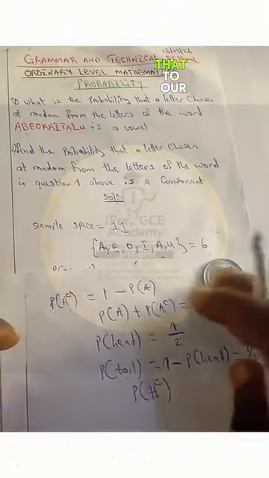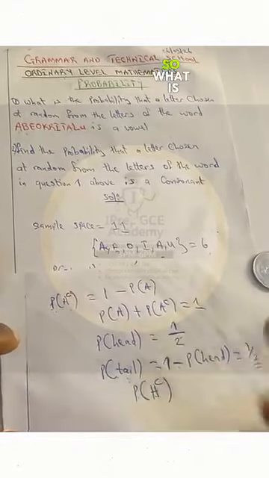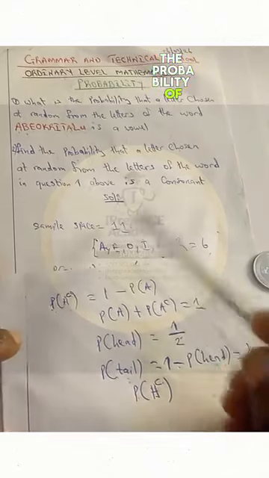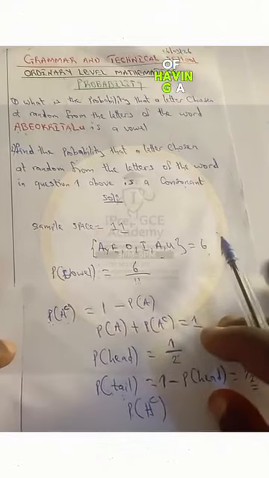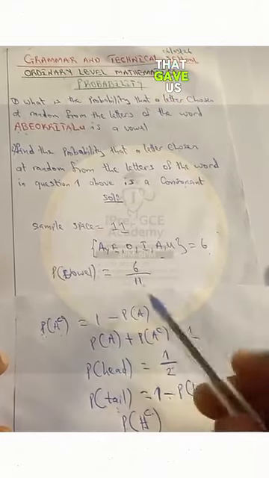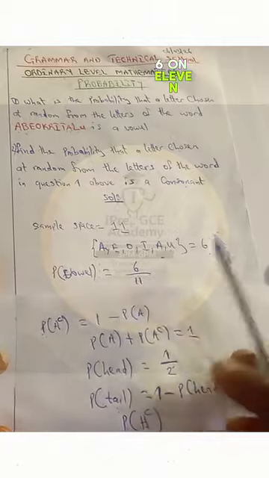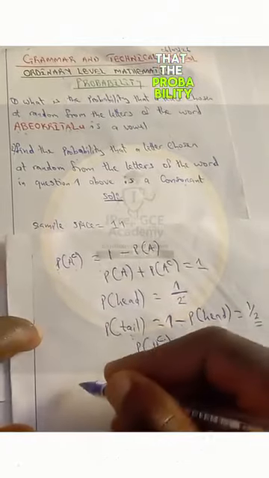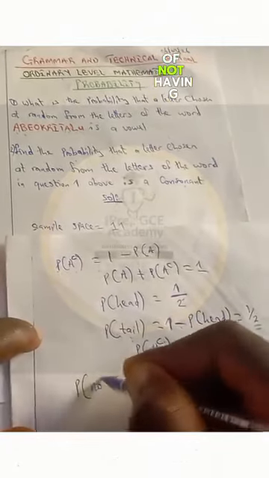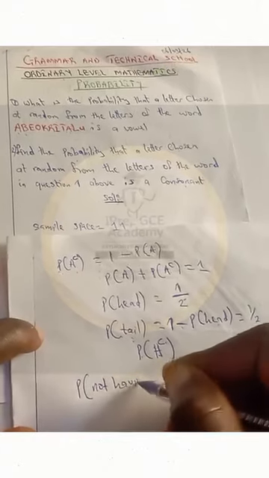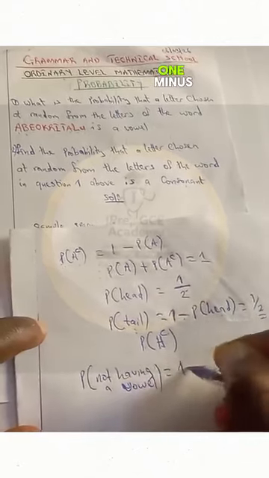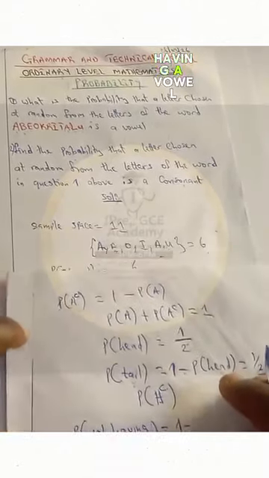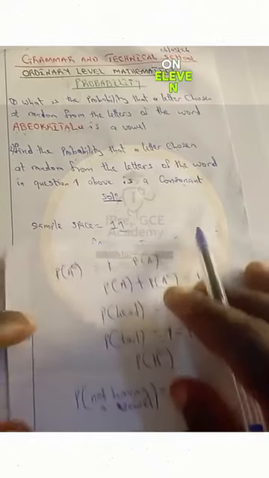Now let's apply that to our question. So what is the probability of you having a consonant? Well, if I know the probability of having a vowel, that we had earlier, 6 on 11, I can say that the probability of not having a vowel is equal to 1 minus the probability of having a vowel, which is 6 on 11.